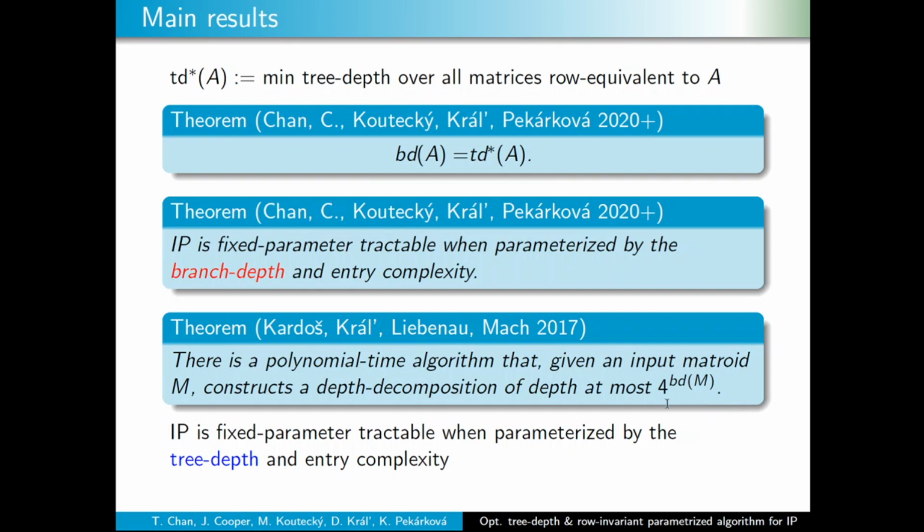It has depth at most some function of the branch depth of M. But then we know by our first result that there's a matrix A prime row equivalent to A that has equally small tree depth. And then we use the result of Koutecký, Levin, and Onn, written below, which we encountered earlier, as a black box with A prime to show that integer programming is fixed parameter tractable with respect to branch depth and entry complexity.